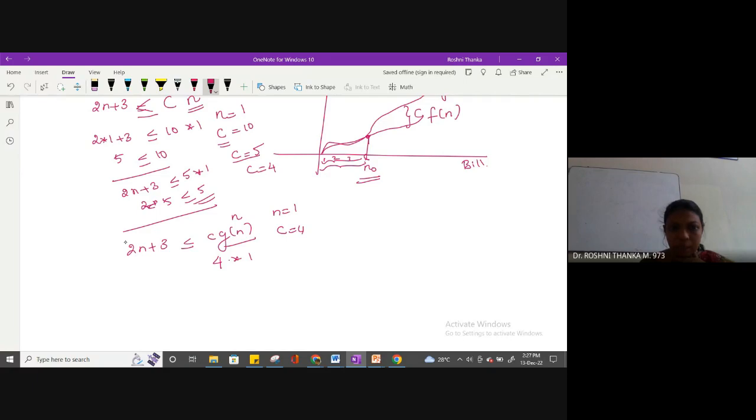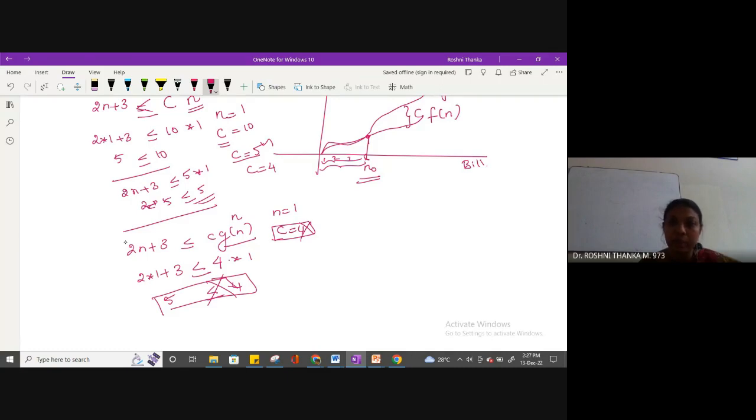Substituting, I get 2 into 1 plus 3 less than or equal to 4 into 1. So here I get 5, and here 4 into 1 is 4. 5 less than or equal to 4 is not true. So I cannot take the constant value c as 4. I can take c from 5, and I can start the n value from 1.